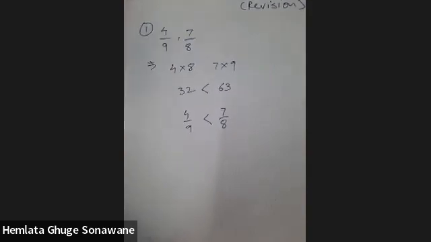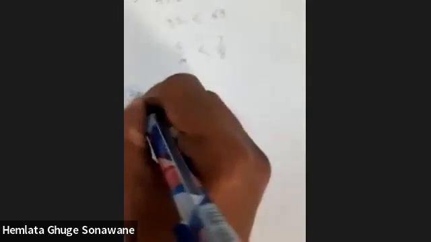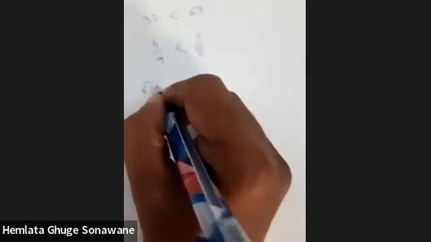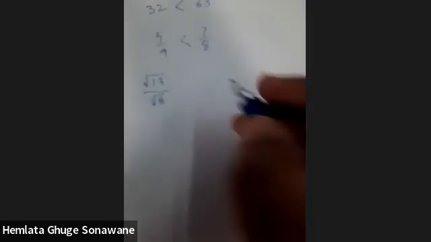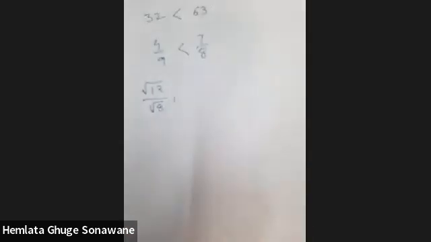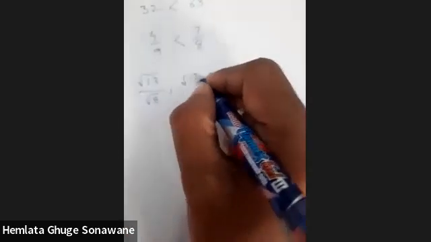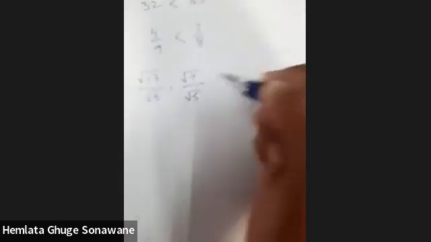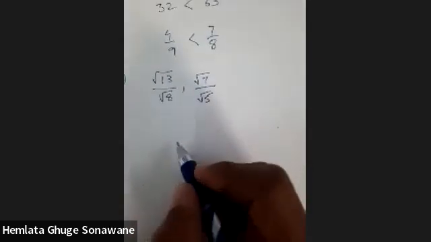We'll take the next example. That is also a solved example of your textbook. Under root 13 upon under root 8, under root 7 upon under root 5. Okay, here also we'll do cross multiplication.